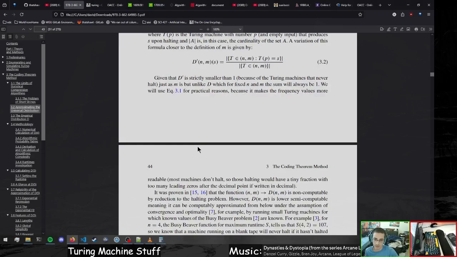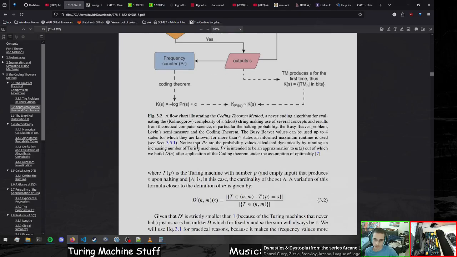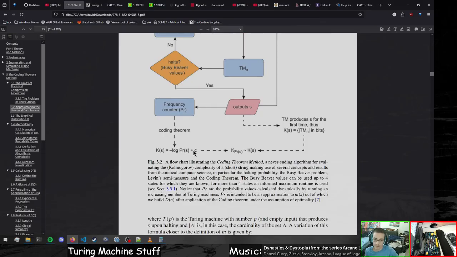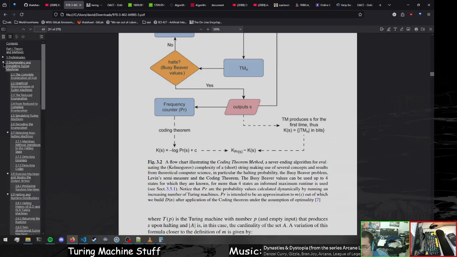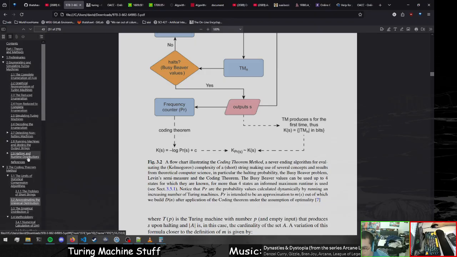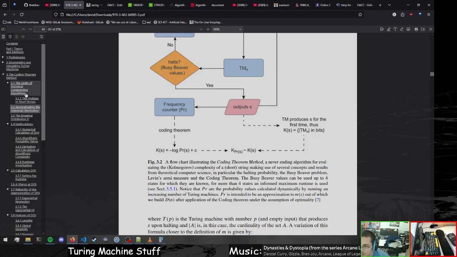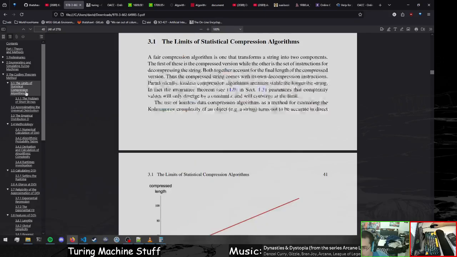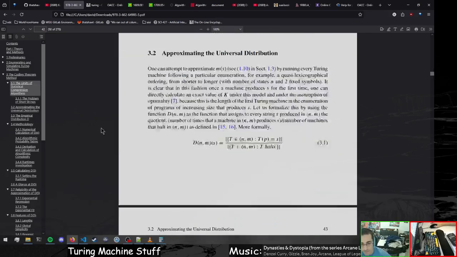I don't know if the coding theorem, because the coding theorem works for the probability of a string. That's what that is. You approximate M. Why was that so difficult to figure out?